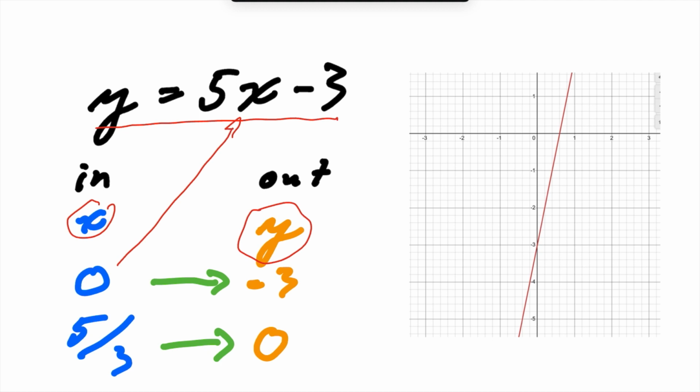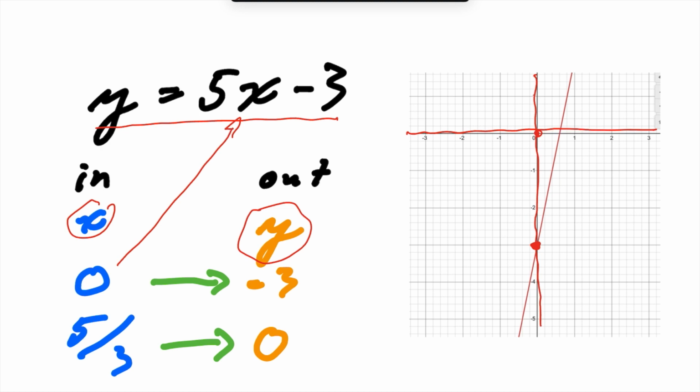And we see that here on the graph, when we put in 0, we get negative 3. A graph is an expression of the input and output: the horizontal is the input, and the vertical is the output. So input 0, output negative 3 gives us this point right here.